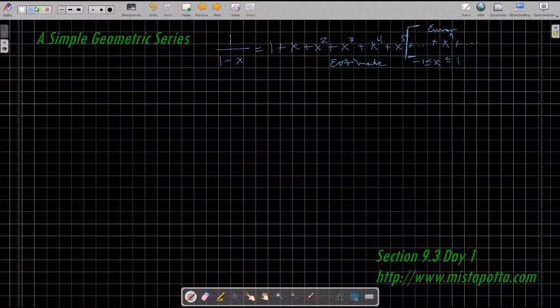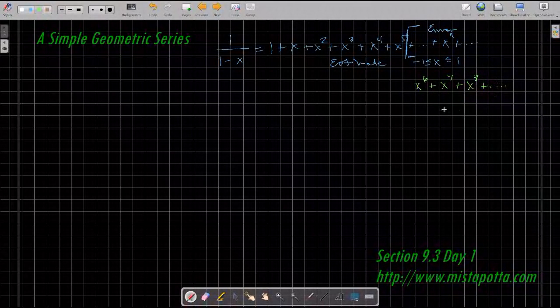If I take a look at those error terms, the first term is x to the 6th. The next term is x to the 7th. The next term is x to the 8th.